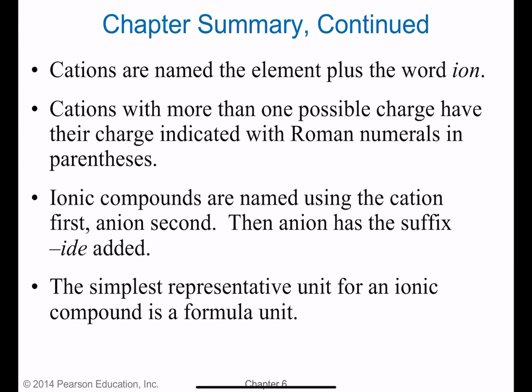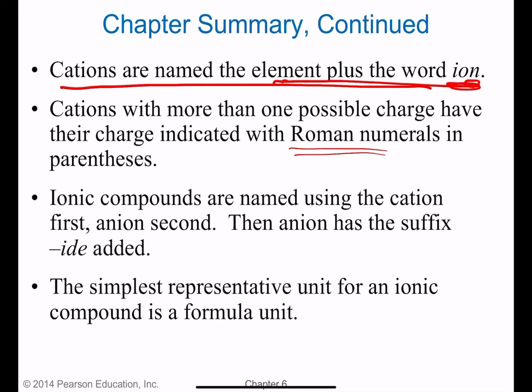Cations, anytime we take a metal and turn it into an ion, we're pretty much using the same element name and adding the word ion. Cations with more than one possible charge, so basically the transition metals for the most part, we're going to use Roman numerals, and the Roman numeral tells us the charge on the metal.